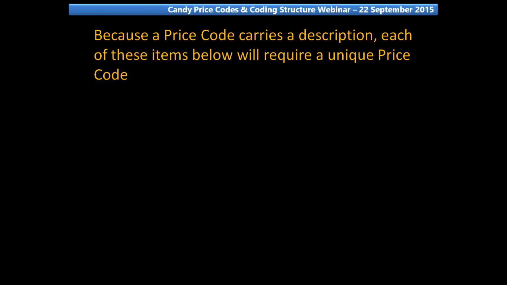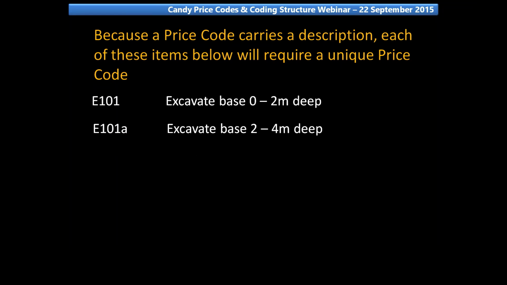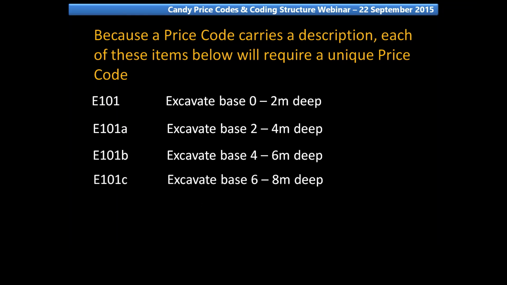The master job has E101 excavate for bases not exceeding 2 meters deep. And the rest of the items' price codes do not exist within the master. 2 to 4 meters deep, 4 to 6 meters deep, 6 to 8 meters deep.